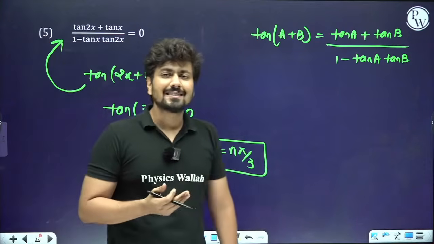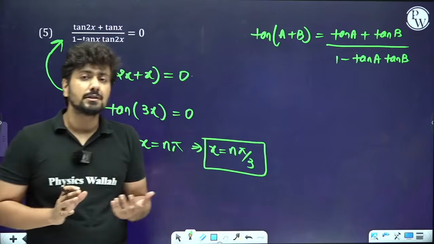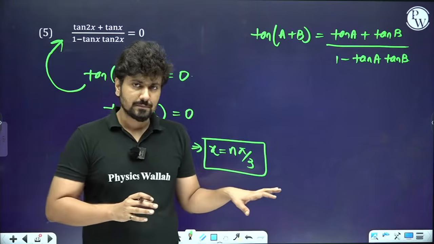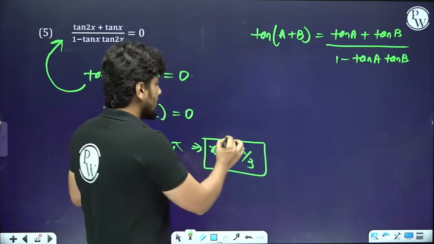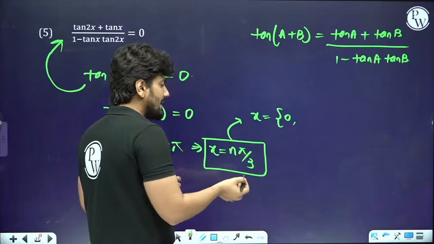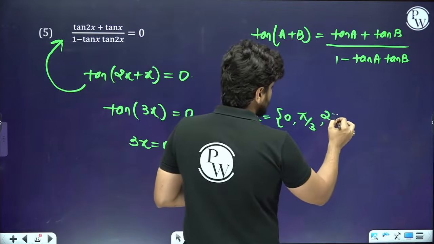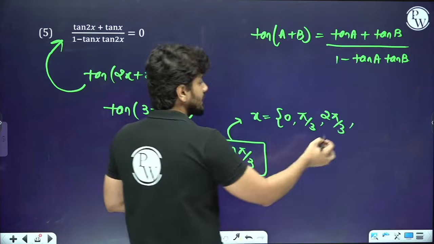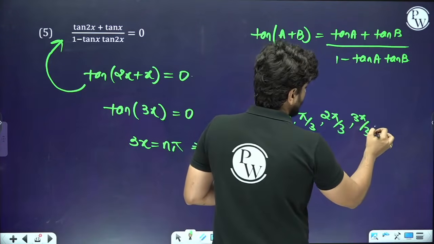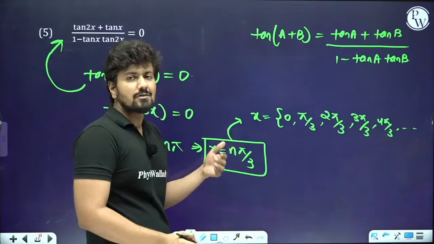I hope you understand what general solution means. Basically, these are all the solutions which satisfy this equation. If you put n is equal to 0, we get the value of x as 0 only. And more angles, if I put n as 1, I get pi by 3. If I put n as 2, I get 2 pi by 3. If I put n as 3, I get 3 pi by 3. Then 4 pi by 3 and so on. And I can also put the negative values of n, minus 1, minus 2, minus 3.